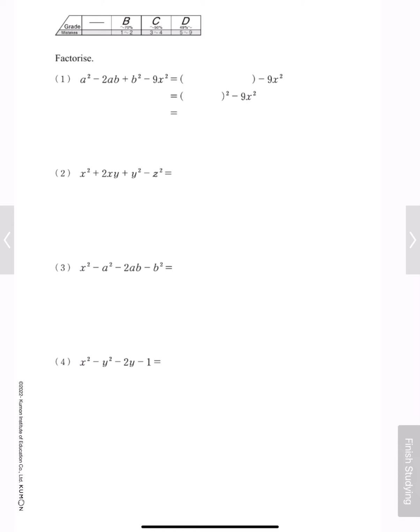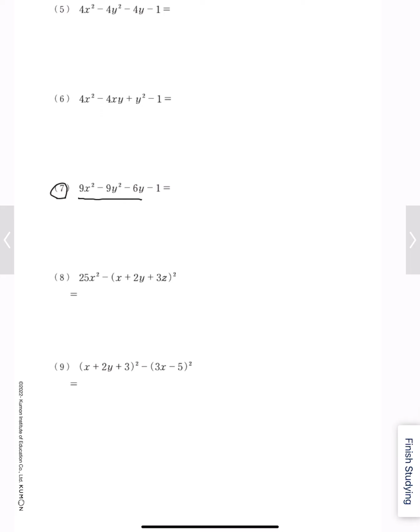Okay, so the last question we're trying to do is something that looks like this. Okay, we're going to do this. This question, number 7.